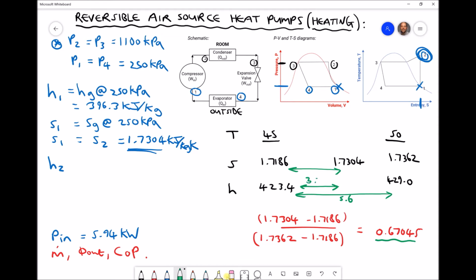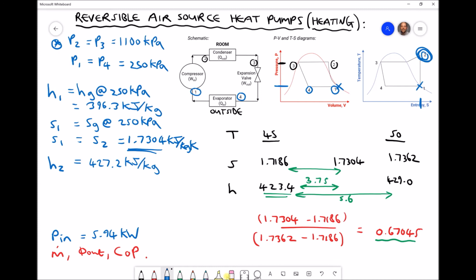So this distance here is 3.75. Adding 3.75 onto 423.4 gives us our enthalpy value corresponding with an entropy of 1.7304 equal to 427.2. So again, making a note on our left hand side, H2 equals 427.2 kilojoules per kilogram.